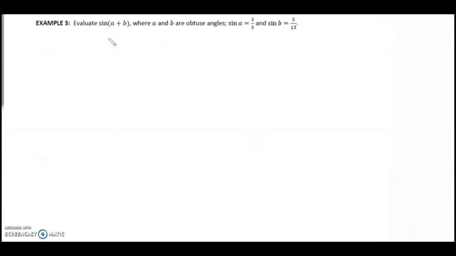Okay, example 3. Evaluate sine of A plus B, where A and B are obtuse angles. So those lie in quadrant 2. Let's talk about A first. Sine A is 3 over 5.